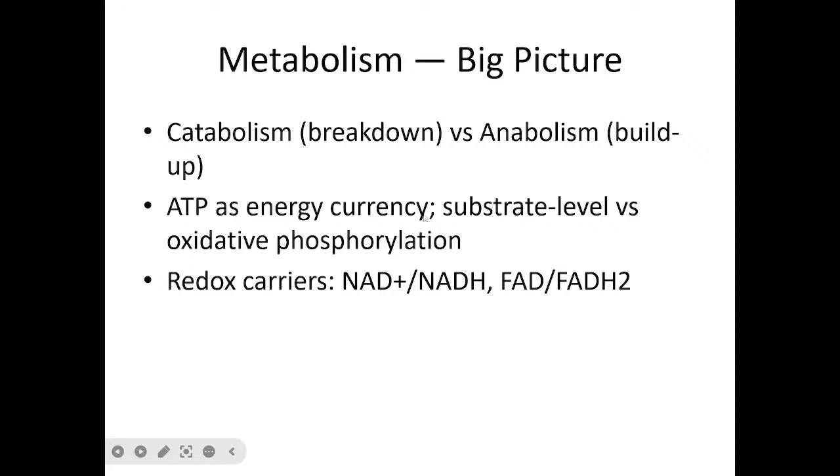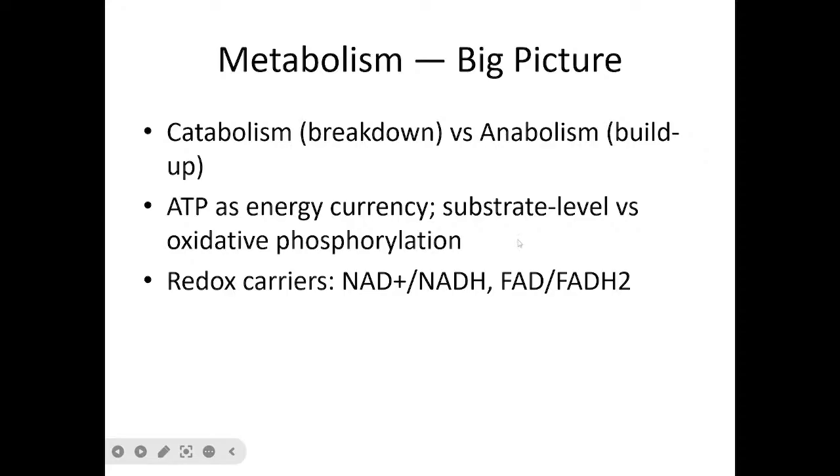ATP will be regarded as the energy currency. Nigeria has its own currency. Every country has its own currency. Dollar, American dollar. So the currency of the whole cell, the best form of currency that serves as a medium of exchange between catabolic and anabolic reactions, is called ATP, that is adenosine triphosphate.